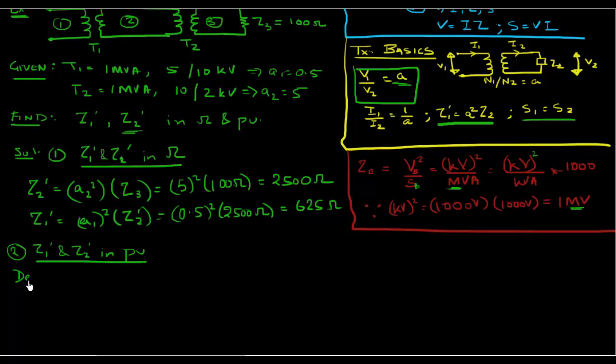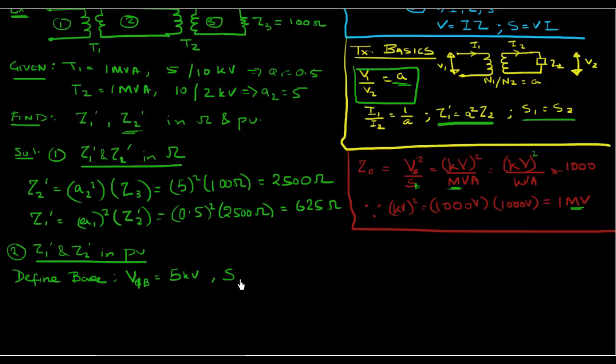So let us begin by defining the base values. We have three different circuits here. Let's start by defining base values in circuit 1. So let us say our voltage 1 base is 5 kV. Remember, these are values we're defining, so we can choose any values we want.